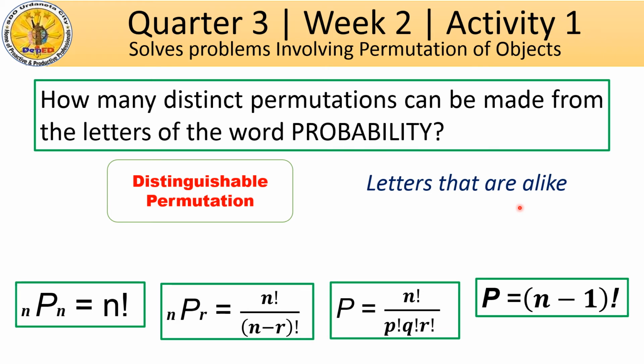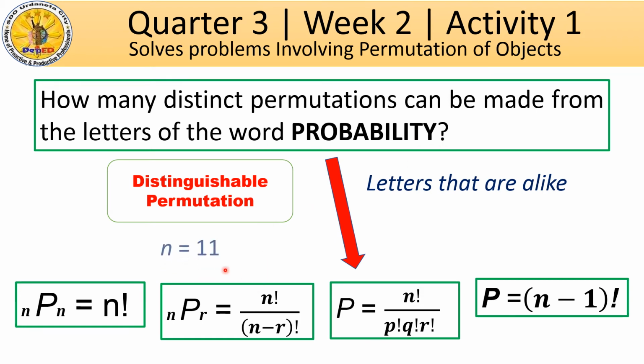And the correct formula to use is P equals n factorial divided by p factorial times q factorial times r factorial. From the formula, n will represent the number of objects, the number of letters from the word probability, and that is equal to 11.